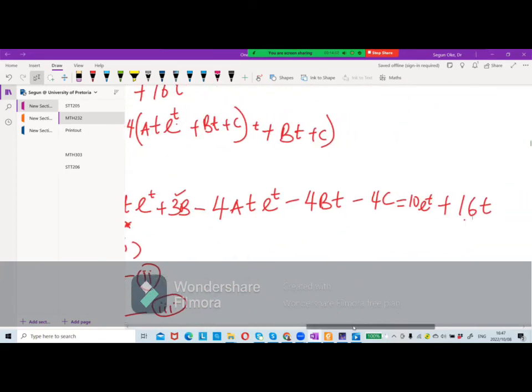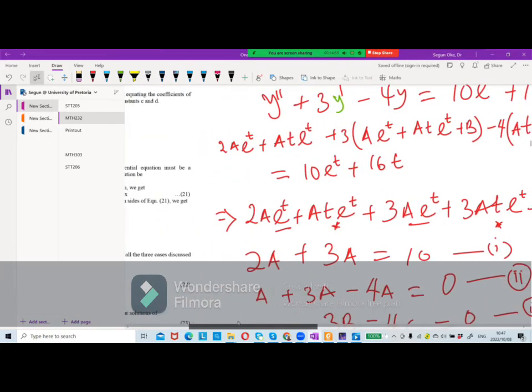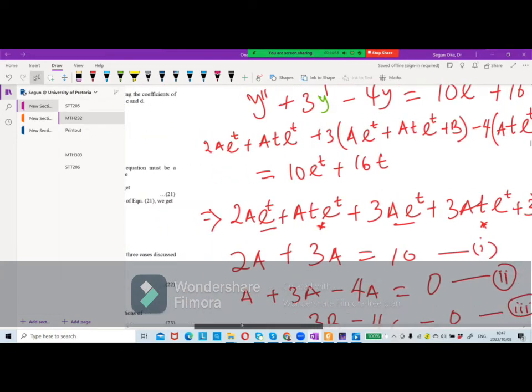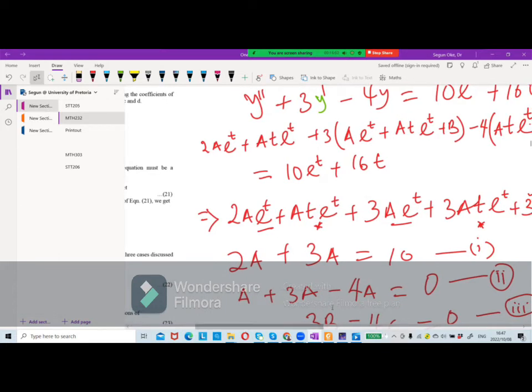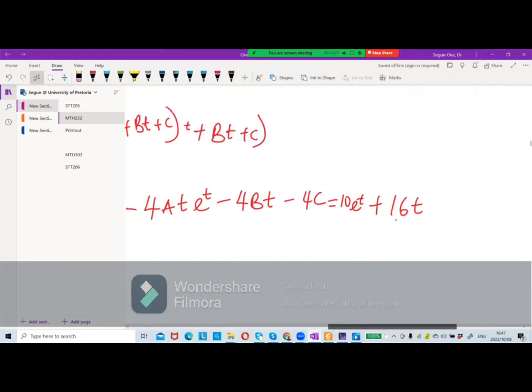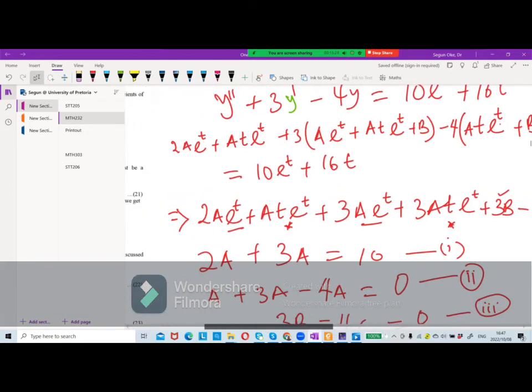Let's look at the first one. Which one has exponential of t? So we can collect the like terms. For example, those with exponential of t: 2a has exponential of t, right? 3a also has exponential of t. We add 3a. Don't forget the coefficient of exponential of t in our equation is 10. So we put 10 there.